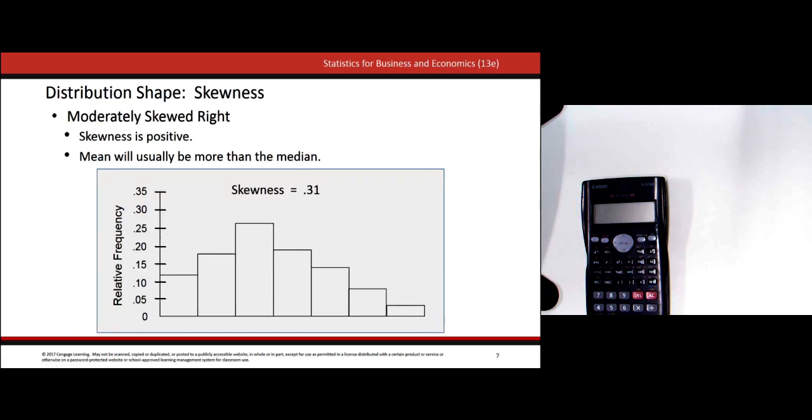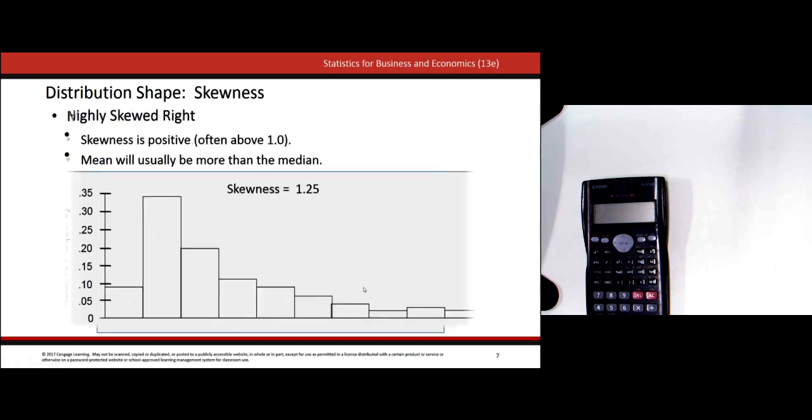You can have positively skewed histograms or right skewed histograms. So this is positively skewed. You have a longer right tail, but it is not very long, so it is moderately skewed. Usually it is considered highly skewed if the skewness is larger than 1. So in this case you have a very long right tail, so this is considered highly skewed right.